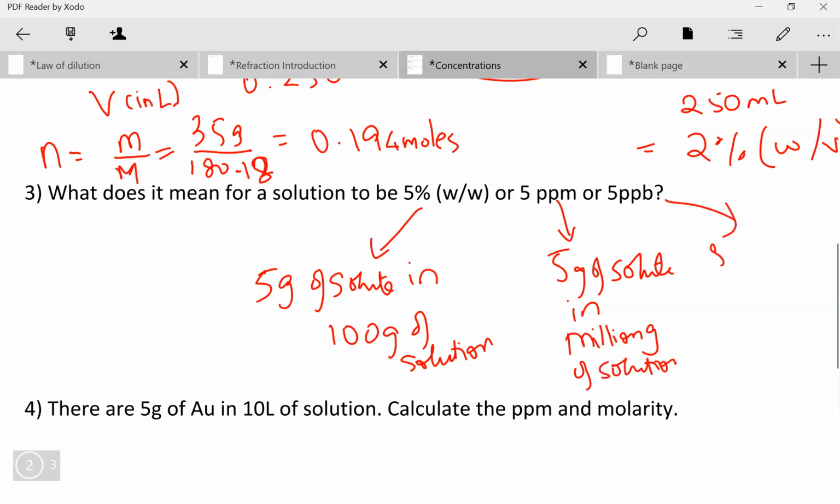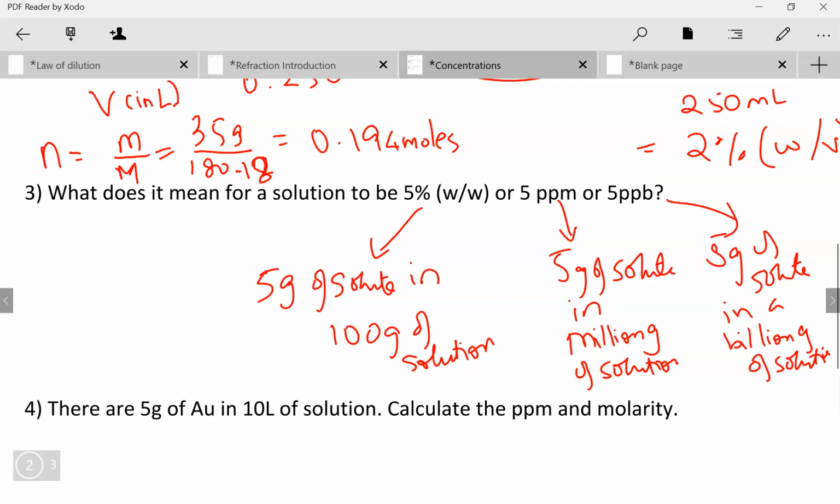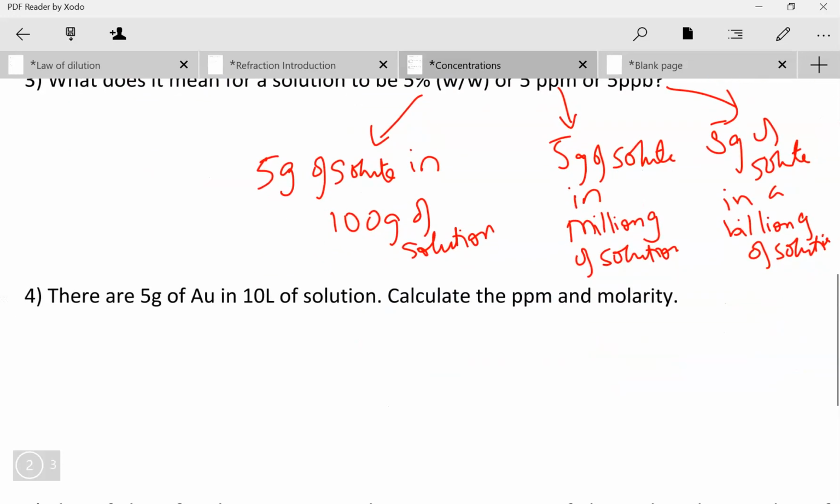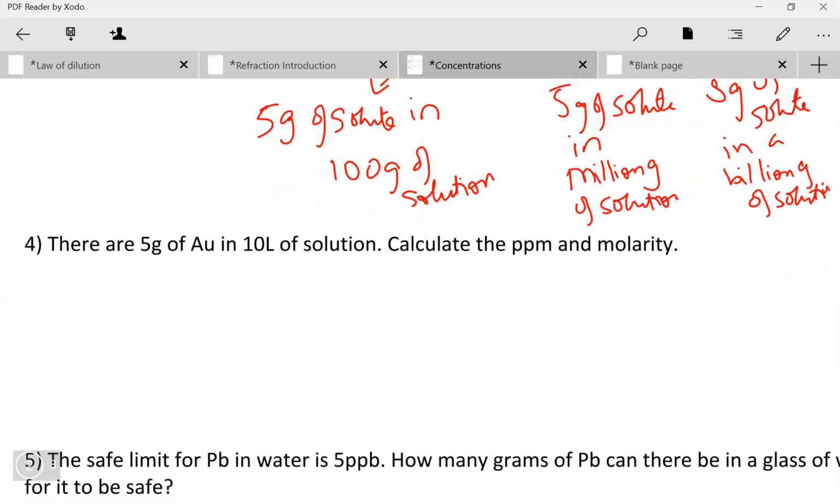And 5 ppb is the same thing: 5 grams of solute in 1,000,000,000 grams of solution. So that's what you can think of when I say 5 ppm. You're thinking, okay, 5 grams of solute in 1,000,000 grams of solution. You have to think that, and that will help you in your other calculations.